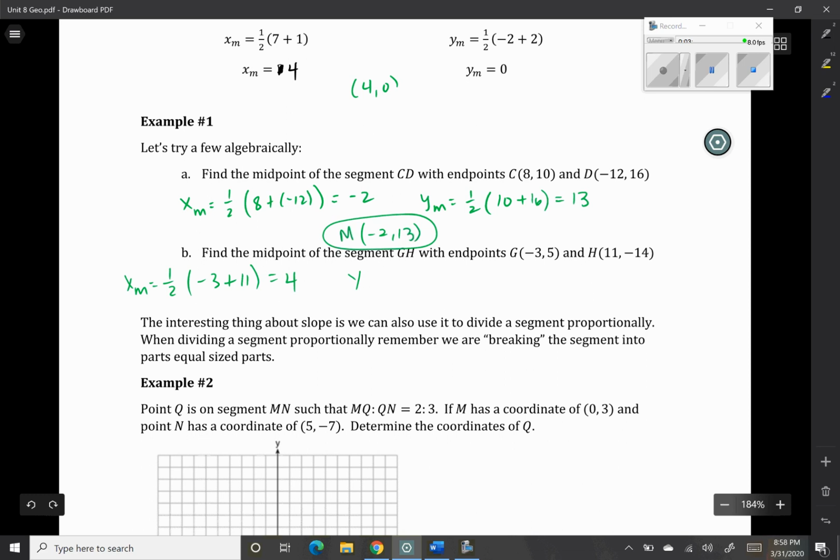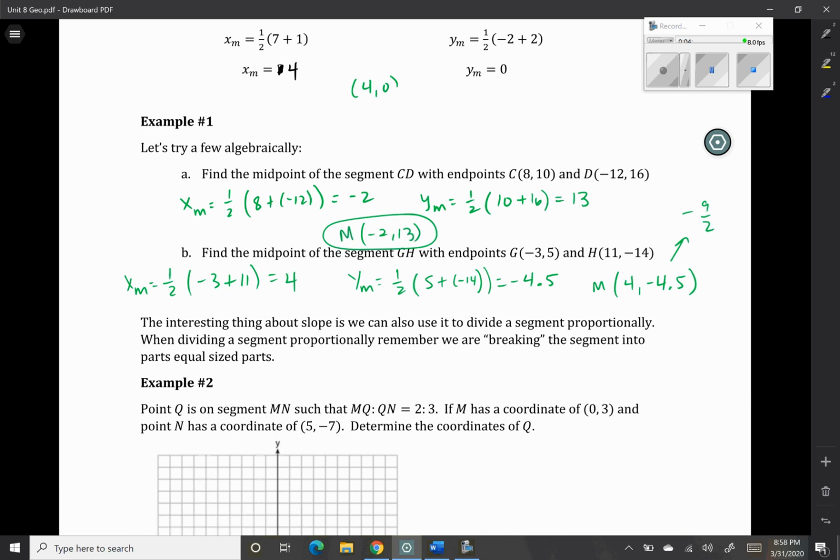The y-coordinate of the midpoint is going to be half of 5 plus -14, which is not going to be a nice number. It's going to be a decimal. So you're going to get -4.5. So the midpoint is going to be (4, -4.5). 4.5 is also the fraction 9/2. Either way, it's the same thing.